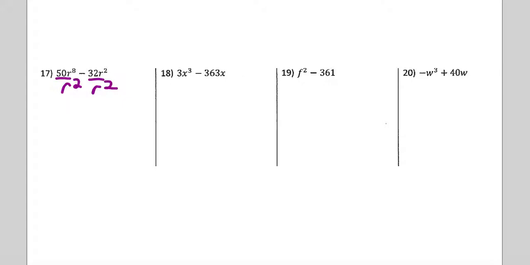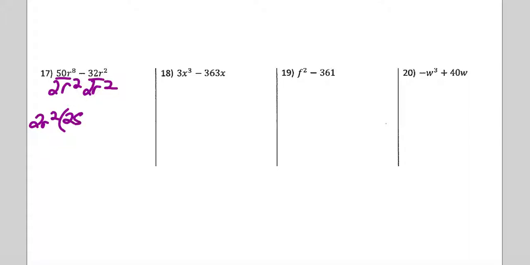So I'm excited that I can at least do that. But since there's two terms that are being subtracted, I want to try to create perfect squares. And the GCF of these two numbers is 2, which also creates perfect squares. So 2r squared comes out in front as the GCF.